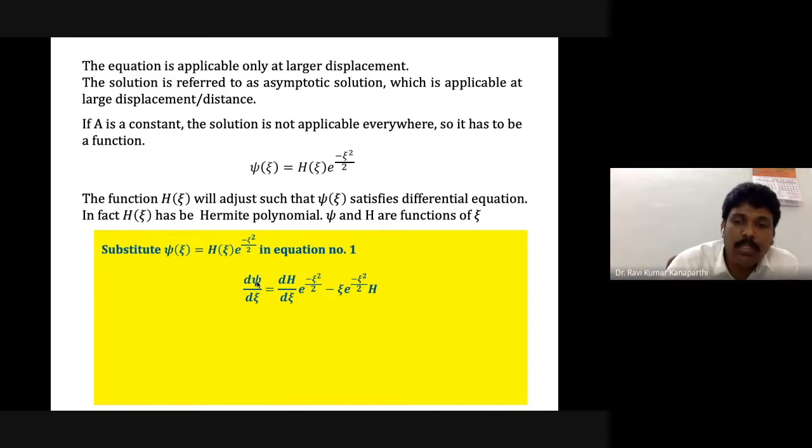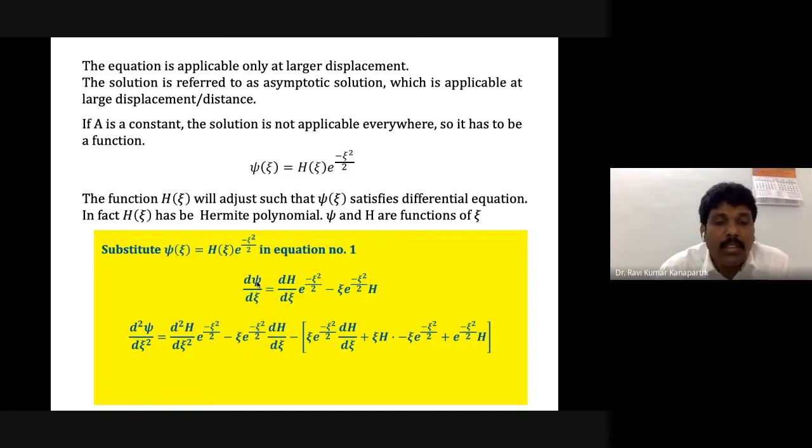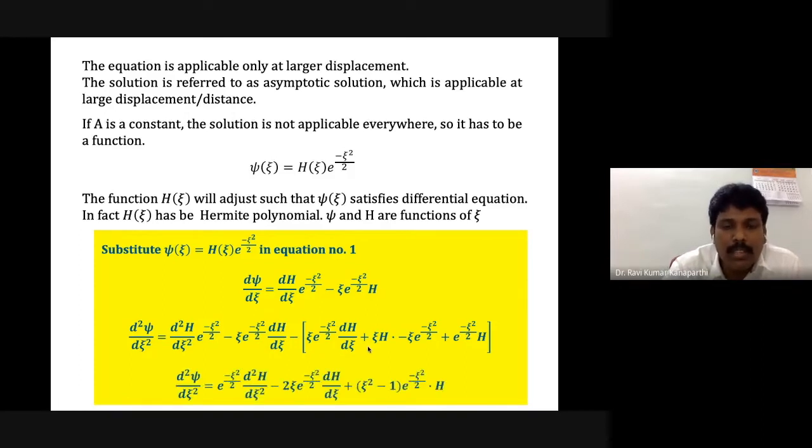So please remember, in order to avoid writing again and again, it was just excluded, but it is there. Once you have this first derivative, then from it one can easily evaluate the second derivative. That is going to be a somewhat lengthy expression, but these are not very complicated things. You can just take a piece of paper and write it down. Anyway, I'm going to share all these things.